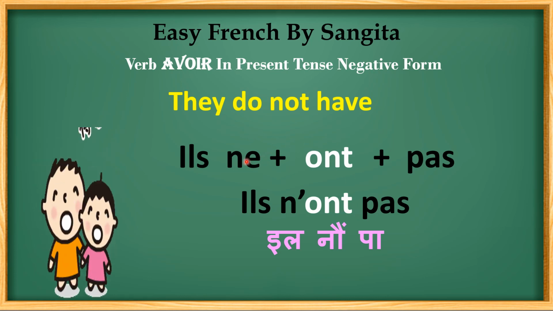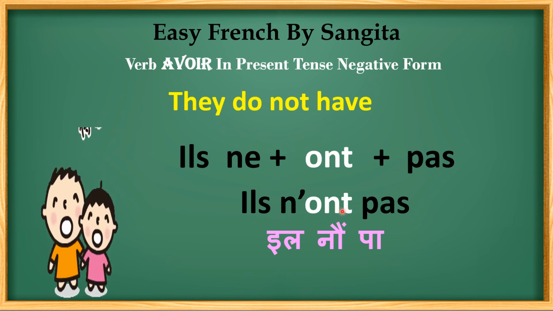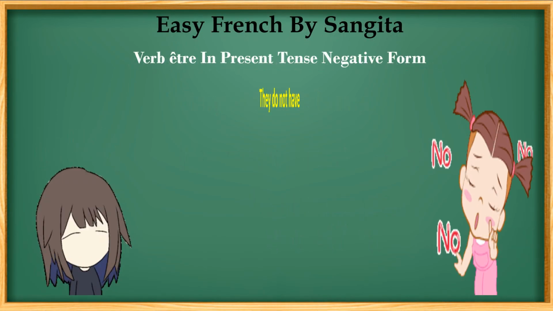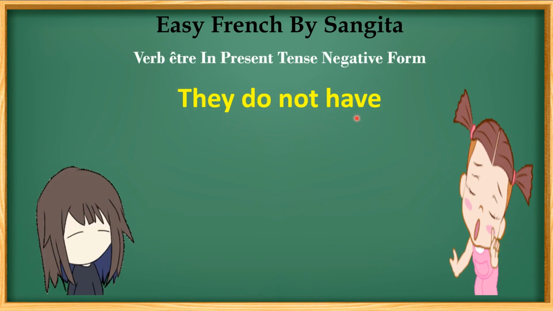And you know that ils in the plural form is only masculine. And one more place, can you remember where we can use ils? Yes, you are right. We use ils when there is a group of masculine and feminine, and we use the verb in this form only. Okay, same way. Clear?